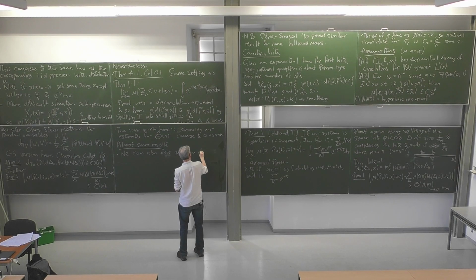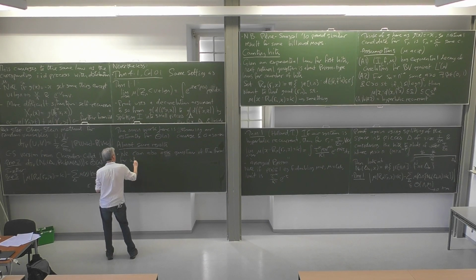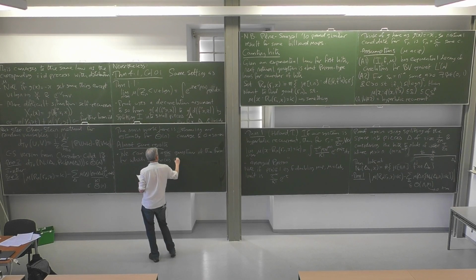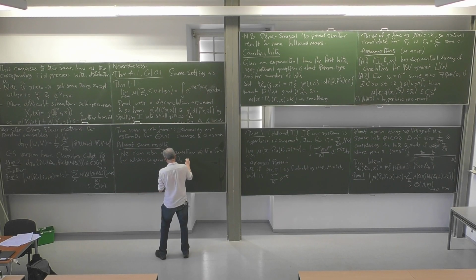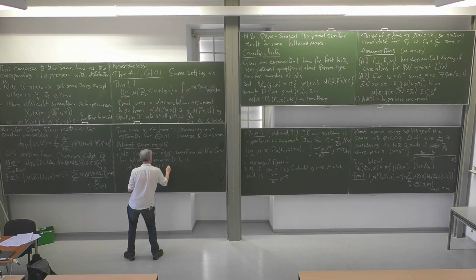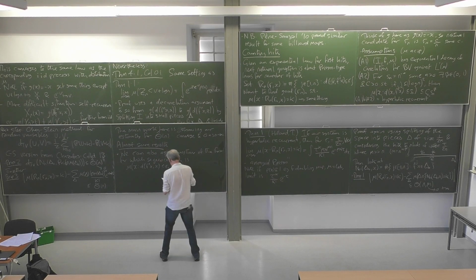So we can also ask questions of the form: for which sequences Rn is mu of the set of x such that d(f^n x) less than Rn infinitely often equals 0 or 1, or whatever, infinitely often?